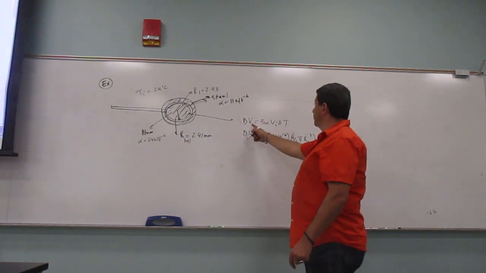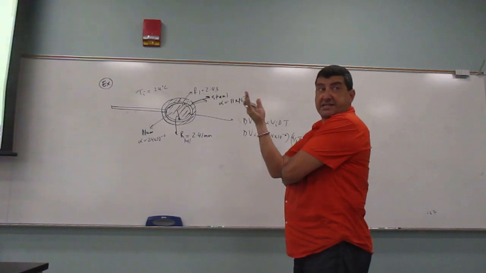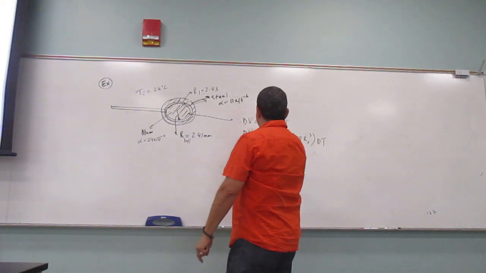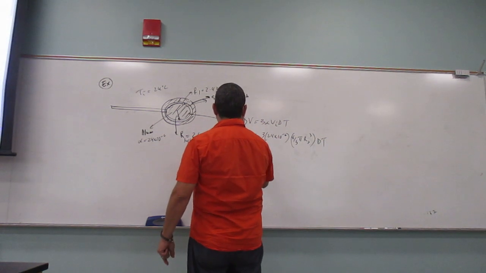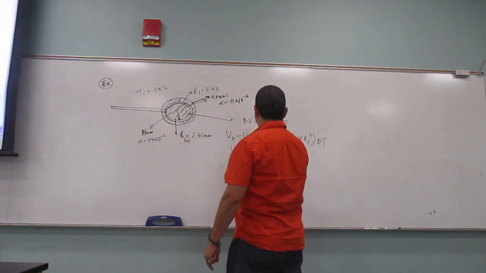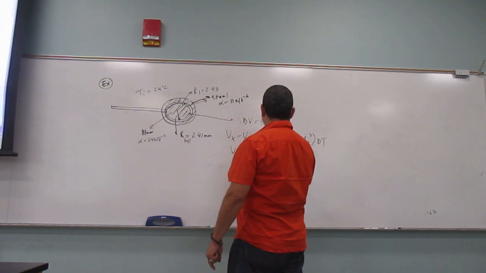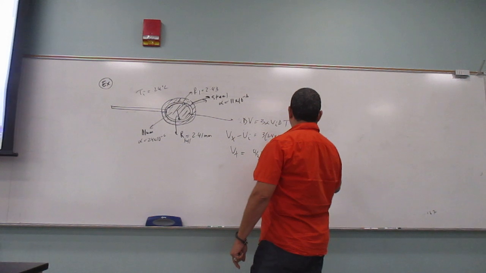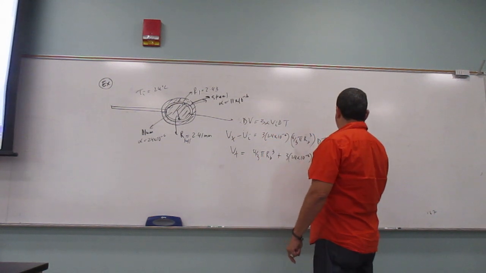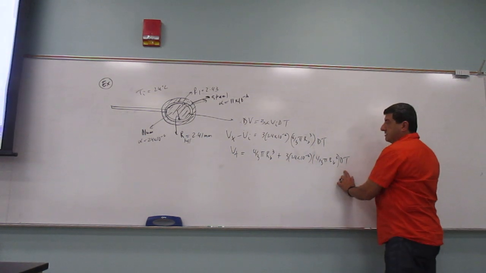But then delta V is going to be what? V final minus V initial, right? And then V final is equal to V initial, which goes over there, 4/3 pi r whole cubed, plus 3 times 24 times 10 to the minus 6 times 4/3 pi r whole cubed delta T. In other words, this is delta V, right?